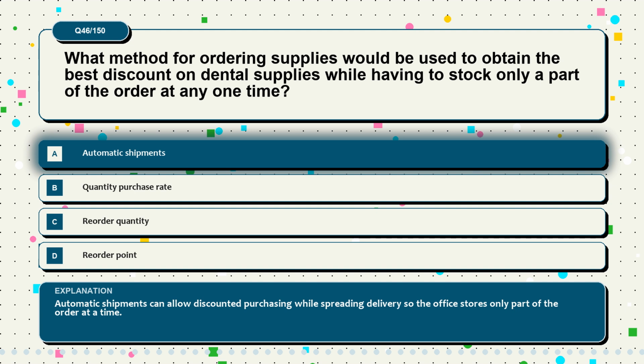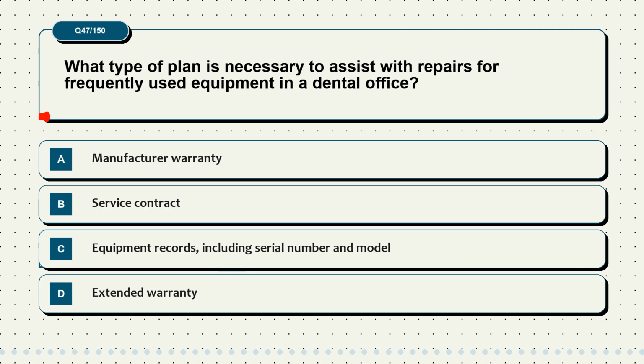Question 47. What type of plan is necessary to assist with repairs for frequently used equipment in a dental office? Here are the options. Option A, manufacturer warranty. Option B, service contract.